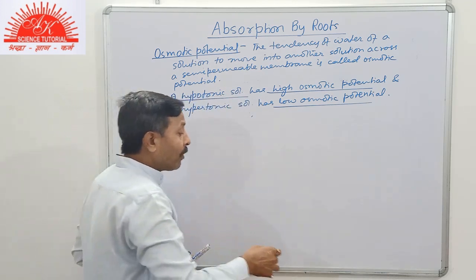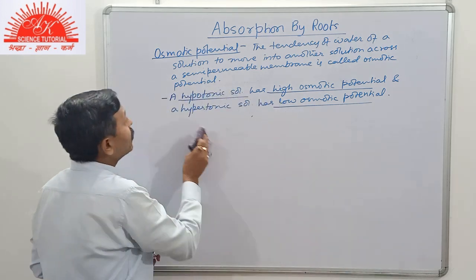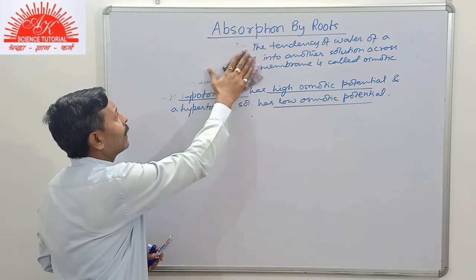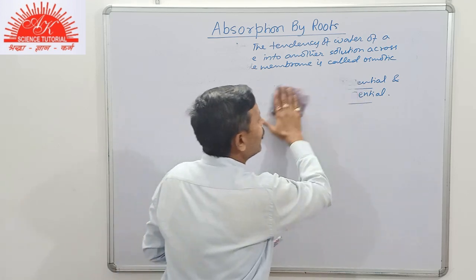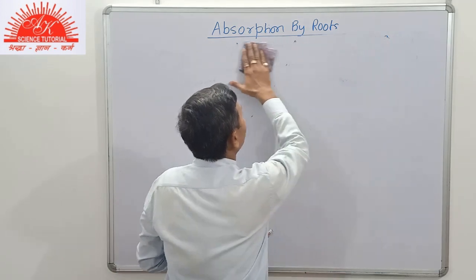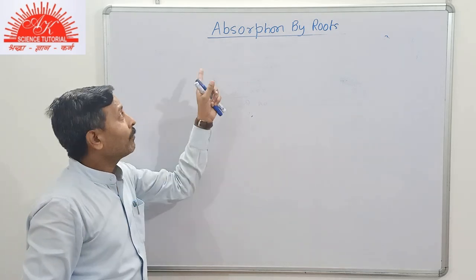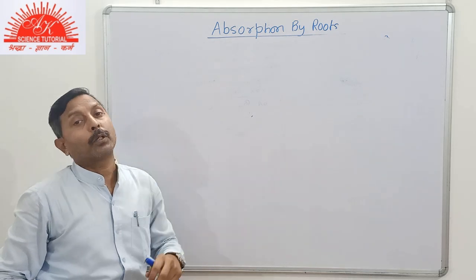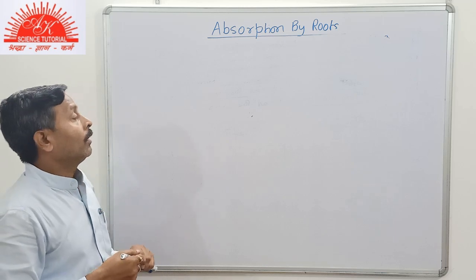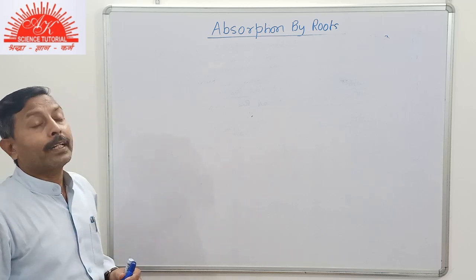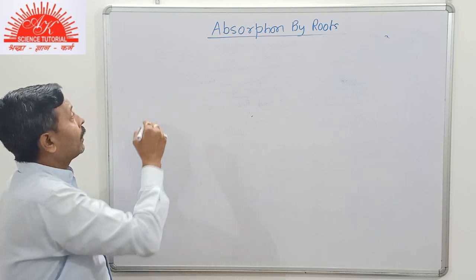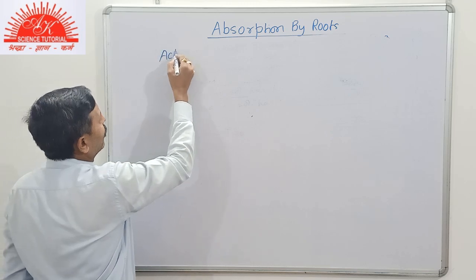So we have defined osmosis on the basis of three terms: in the general definition, related to the concentration of water; next, on the basis of osmotic pressure; and here, on the basis of osmotic potential. Now, there is another term related to the movement of particles, that is called active transport.